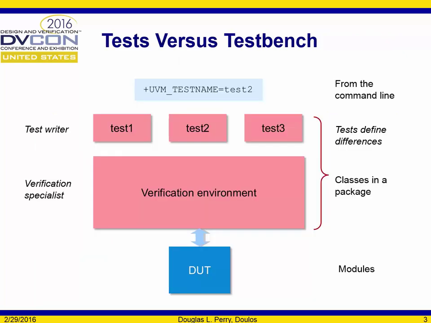Now, what UVM does is it separates your tests from your test bench, from your verification environment, so that you can reuse the environment over and over again. This is one of the reasons why UVM allows you to reuse as much code as you can. This is why the class-based code is used, right?